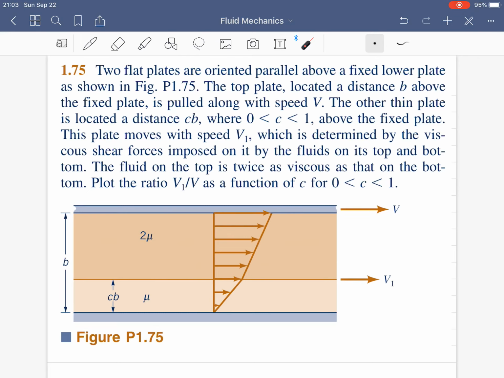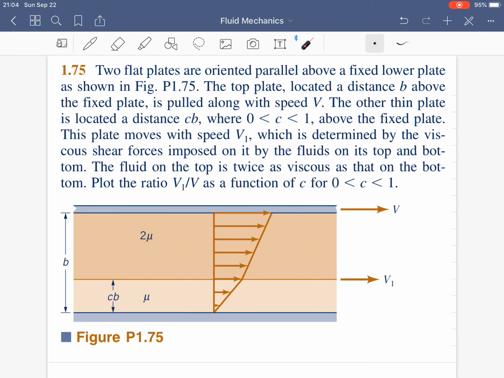The top plate, located at a distance b above the fixed plate, is pulled along with speed v, and the other thin plate is located at a distance cb, where c is between 0 and 1 above the fixed plate. This plate moves with the speed v1, which is determined by the viscous shear forces imposed on it by the fluids on its top and bottom.